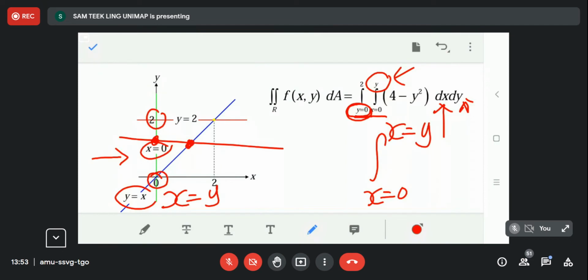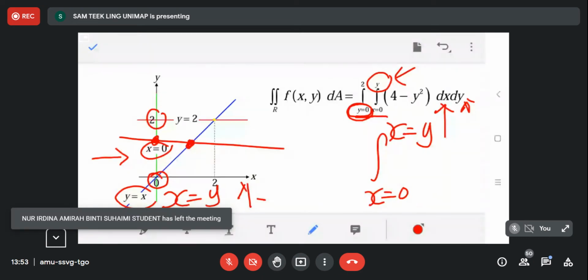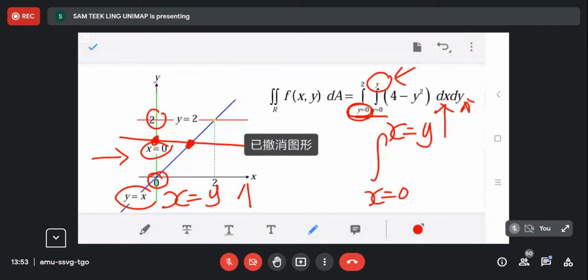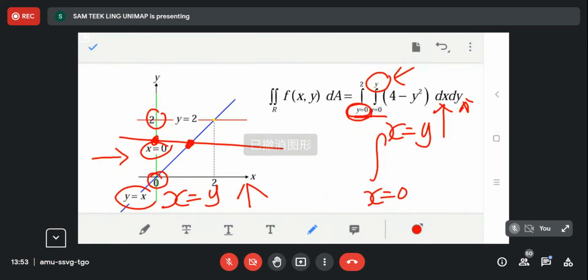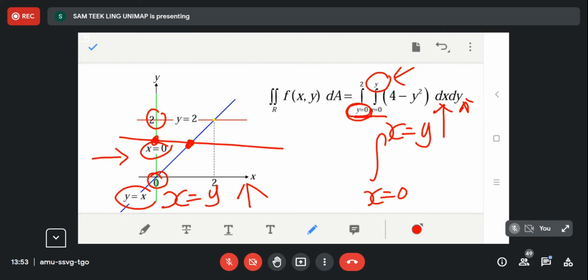So starting, ending. Still remember, the y starts from the bottom and goes up. So from 0 to 2. This one is 0 to 2. x is also 0 to 2 for dy dx.